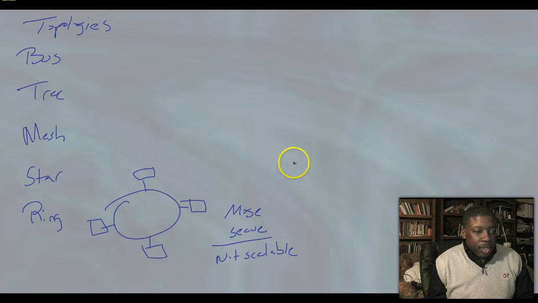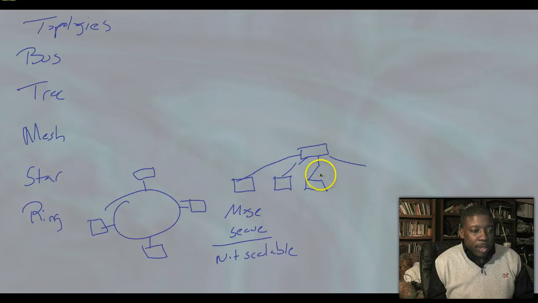Star, this is your star. So you got something like a hub here, or router or something, whatever. You got your systems here, here, and here. So that's pretty good, right?